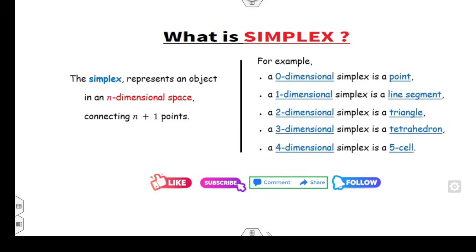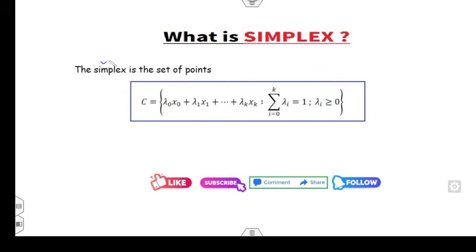So we can say that a zero dimensional simplex is a point. What is the meaning of the one dimensional simplex? It is a line segment. Two dimension is a triangle, then tetrahedron and so on. Clear? Now, if you have two points, how will you join them? If my point is x1 and that point is x2, I can use the convex linear combination.